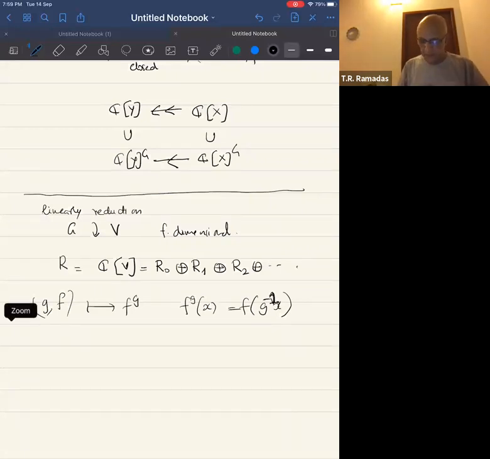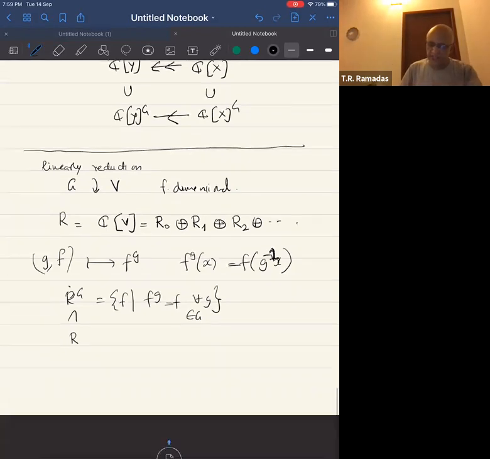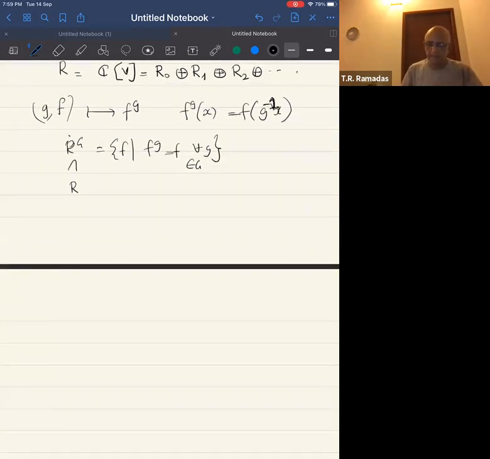Okay. So now you can look at functions which are invariant under the group action. R^G is the subring consisting of functions f such that f^g is equal to f for all g in G. And the basic observation is that this is also graded.